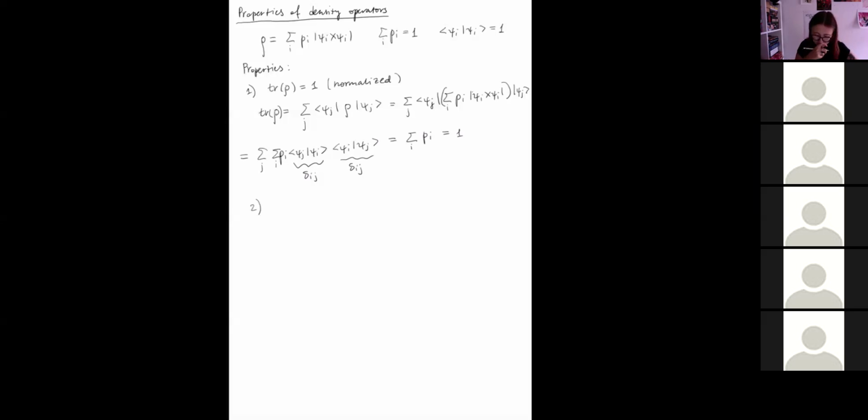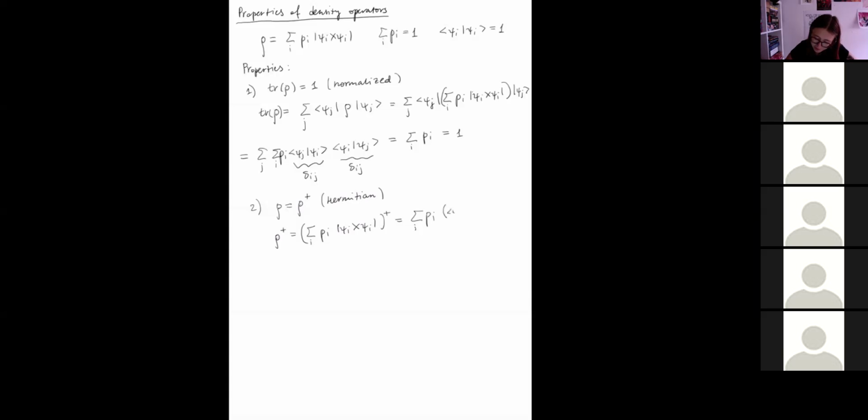The second property is that rho equals rho dagger, so the density matrix is Hermitian. This is very easy to show. Let us look at rho dagger. This will be the sum over i of p_i times (|psi_i><psi_i|) dagger. We just take p_i out because the p_i's are real; they represent probabilities.